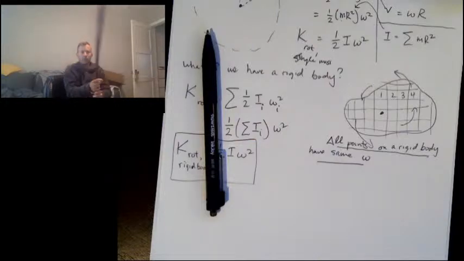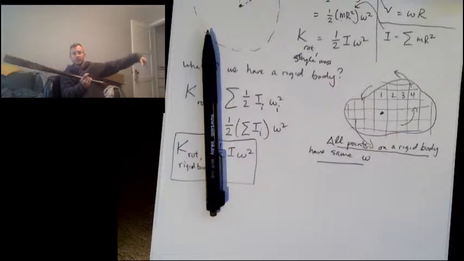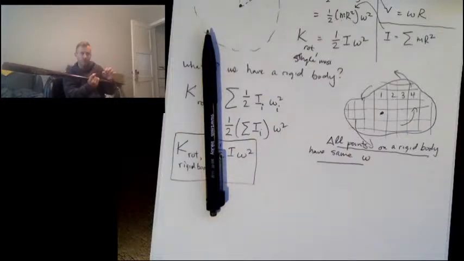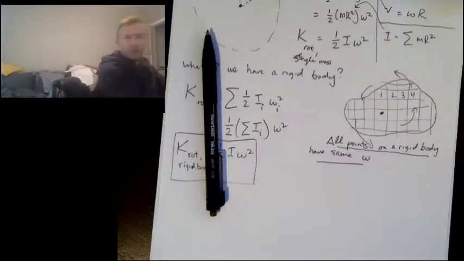So both the end of the bat and this point underwent a half circle in the same amount of time, but this little one did a small half circle and the end did the big half circle. So the linear speed of the end of the bat is greater, but the angular speed is the same for every point. Okay? Linear speed is not the same, but angular speed is the same.